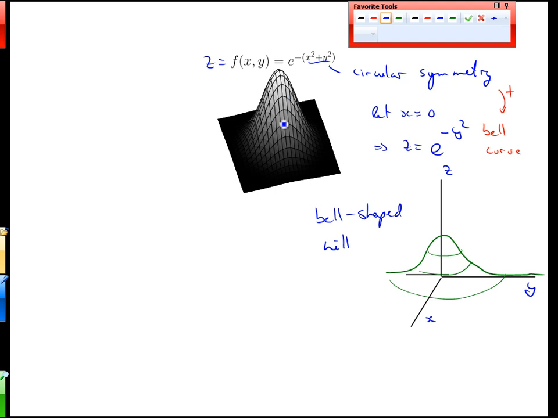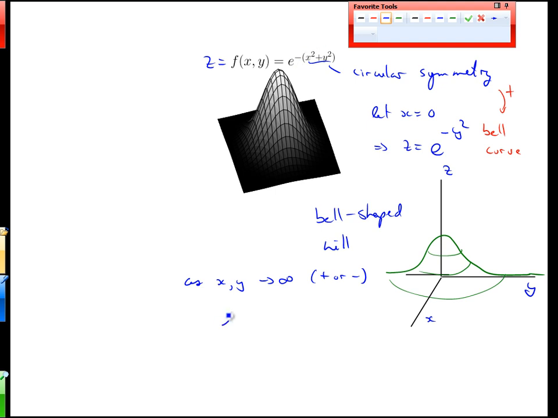And that's what we see here with the vertical scale a little emphasized, but we can see that it's circularly symmetric. It has a peak at the center, just like the bell curve, and then it fades away. It's also worth noting what happens at the extreme values as x and y go towards plus or negative infinity.